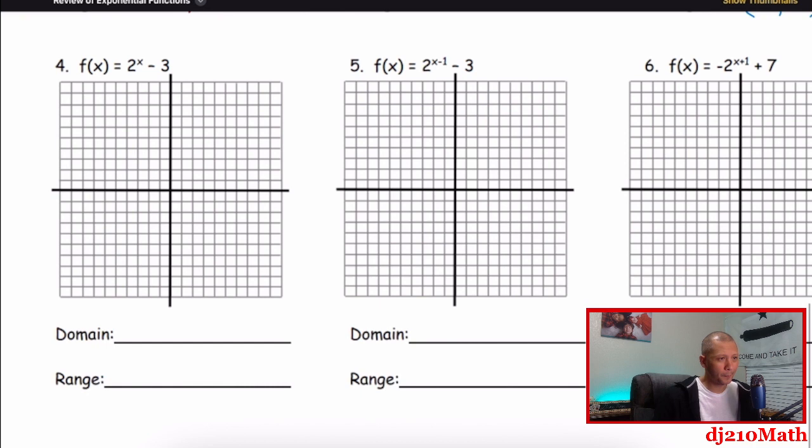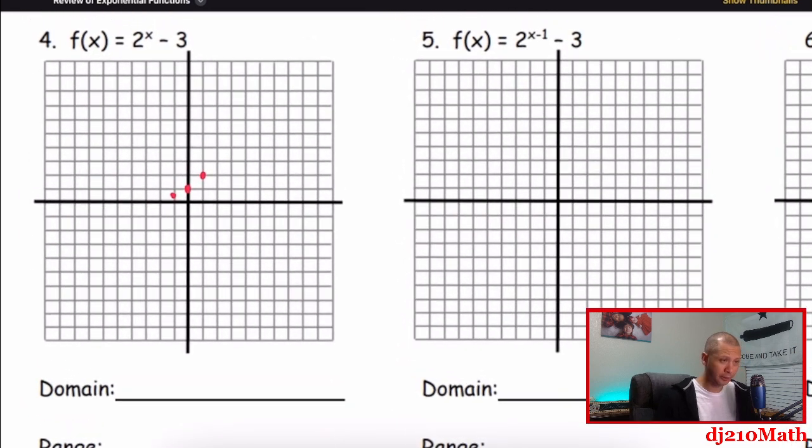All right, number 4. Starting with the critical points. And now these are just going to be shifted down 3 because of the -3. That's where the horizontal asymptote is going to go.